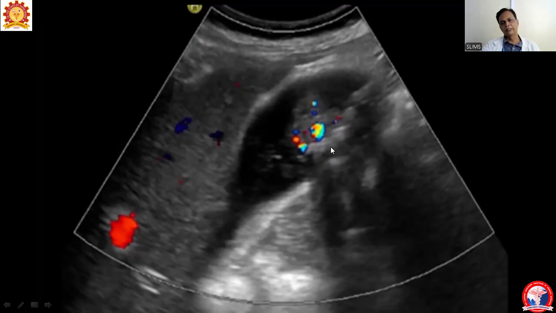As we know, malignant lesions are more vascular and they show vascularity, so on the Doppler it can be picked up. There is a soft tissue mass, intraluminal growth with increased dilated internal vasculature. So this is a severe gallbladder malignant lesion.